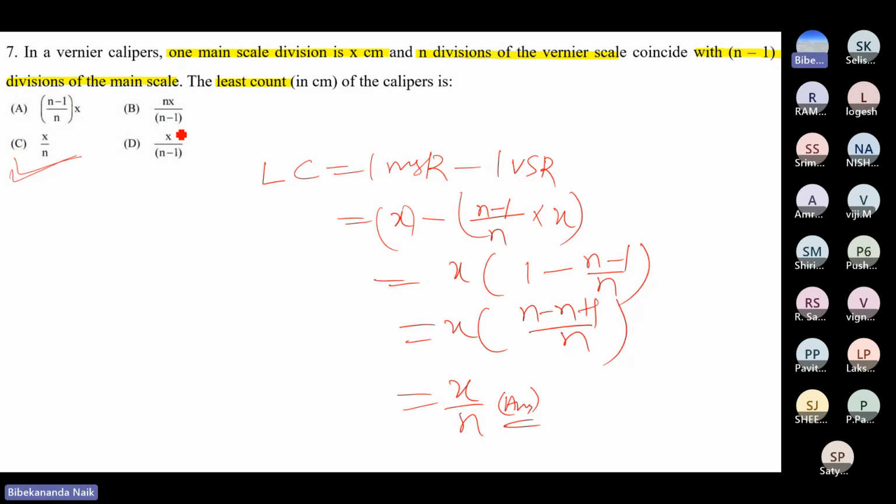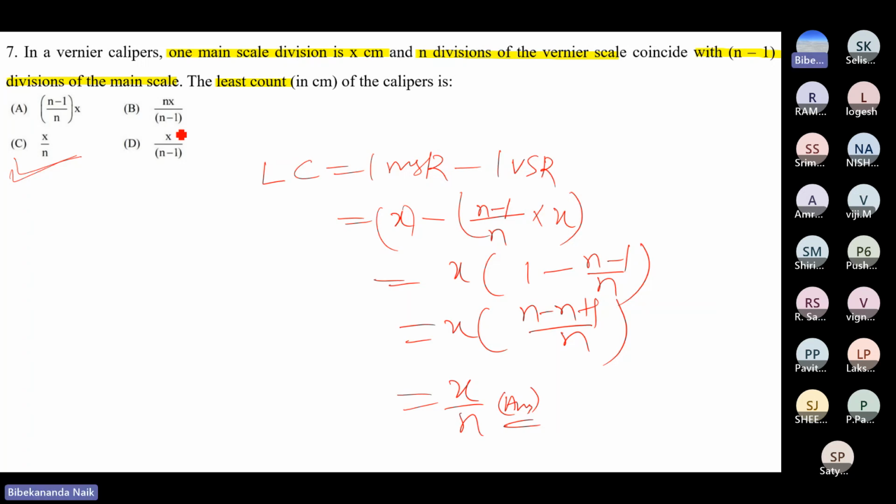And in case of the vernier scale, since n divisions of the vernier scale coincide with n minus 1 divisions, 1 division of the vernier scale will be equal to n minus 1 by n division. And in terms of the main scale, it will be into x. So when you calculate the difference, it will be x by n. So the least count will be x by n centimeter.